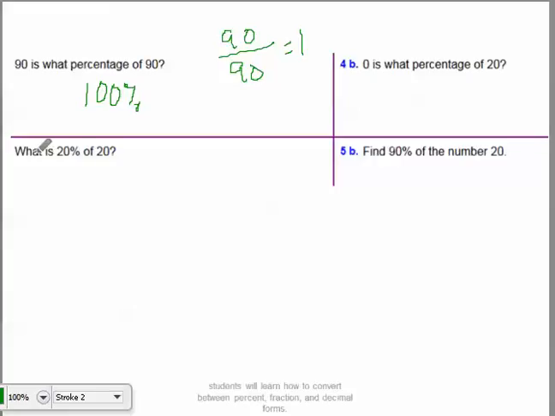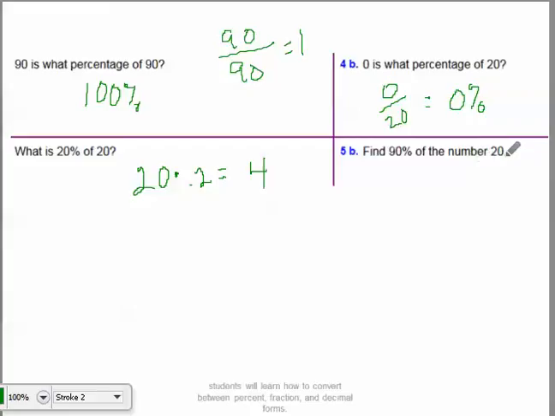Okay? What is 20% of 20? That would take 20 times the decimal, 0.2. And I'm going to get 4. That's that easy. 0 is what percentage of 20? Well, 0 of 20. 0 on top means I'm going to get 0%.